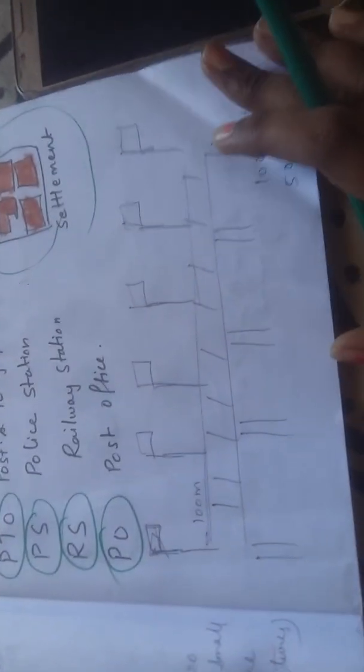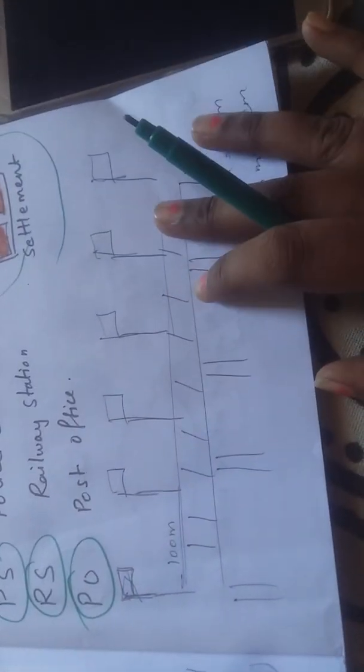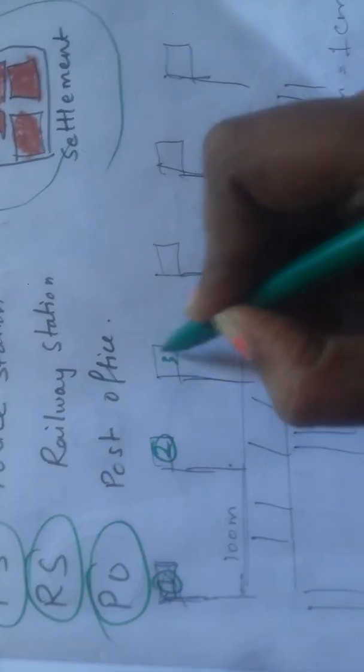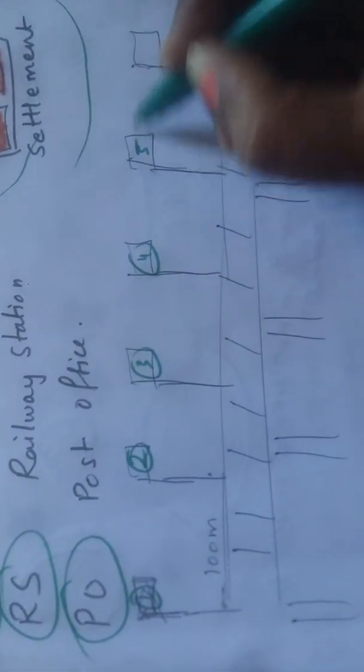Okay, now I will show the scale because I know you all don't understand the scale properly. Here I drew a bridge. In the bridge there are 6 poles: 1, 2, 3, 4, 5, 6.